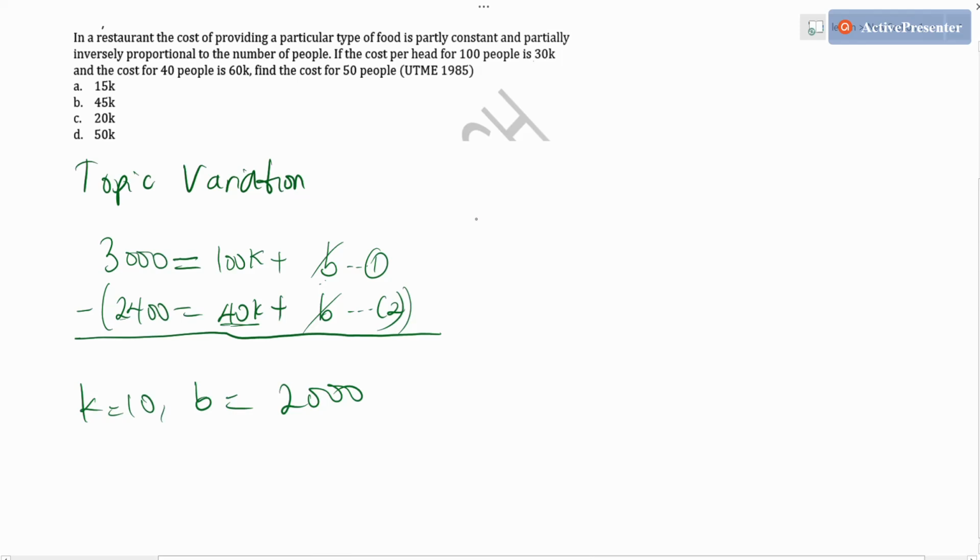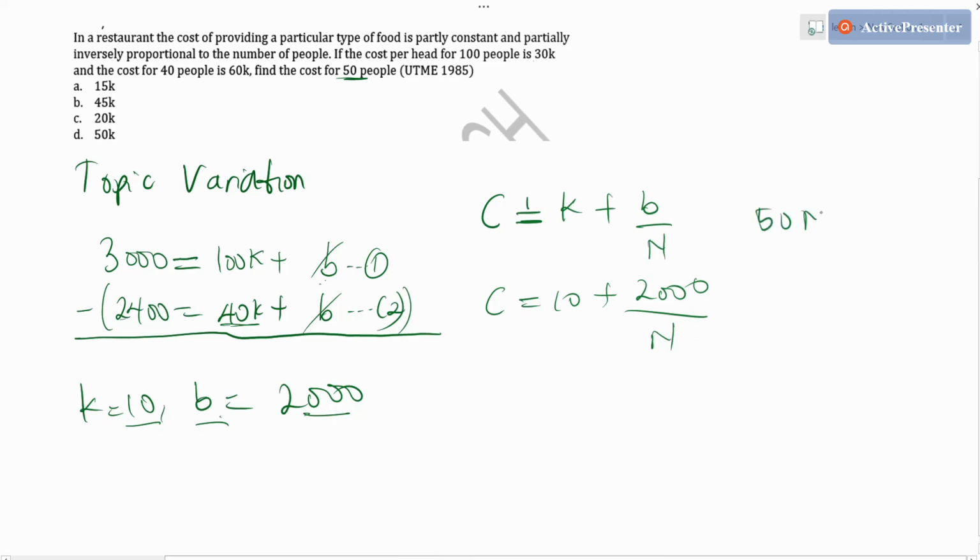So we know the two constants, and I need to get the equation. So remember, we have C is equal to the constant plus B all over n. Now we have K is 10, so I'll replace this K here with 10. So we have C equals 10, and we also have B is 2000, so I'll replace this B here with 2000 all over n.